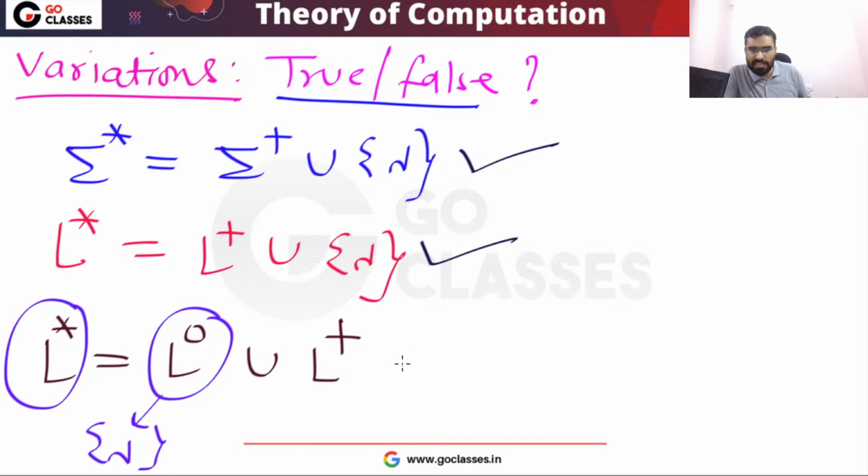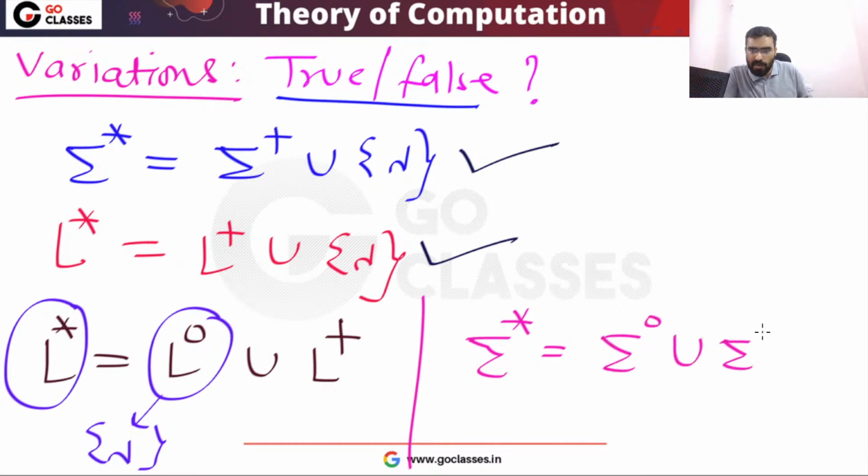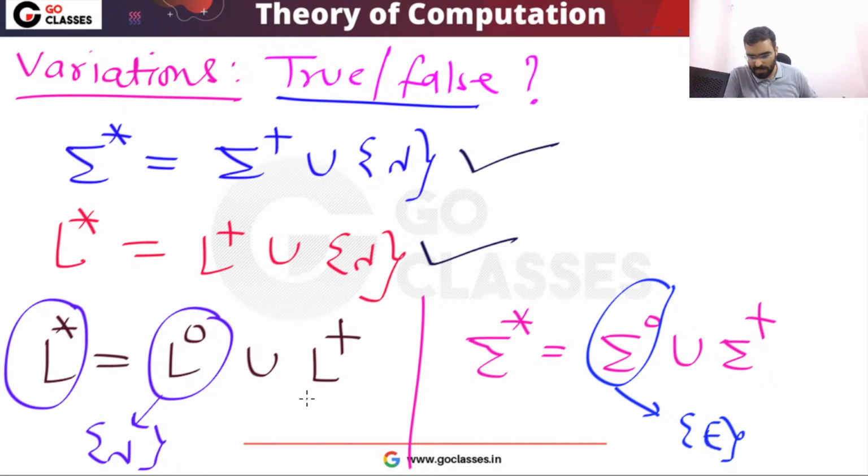So you can notice this statement is correct. Similarly, what is sigma star? That is sigma power 0 union sigma plus. And what is sigma power 0? That we already know, that is the set containing the empty string. So both the statements are true.